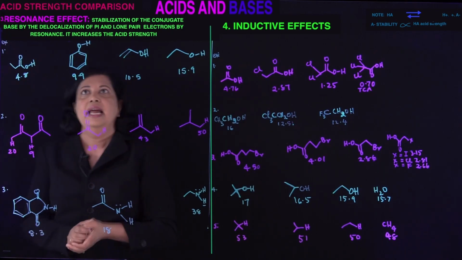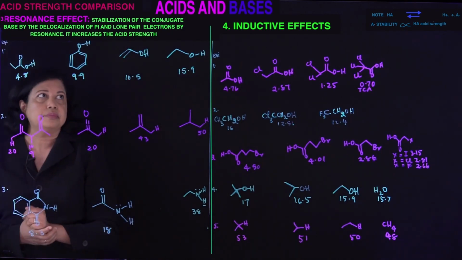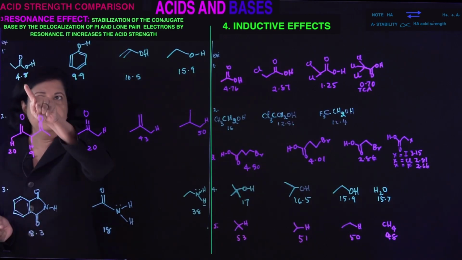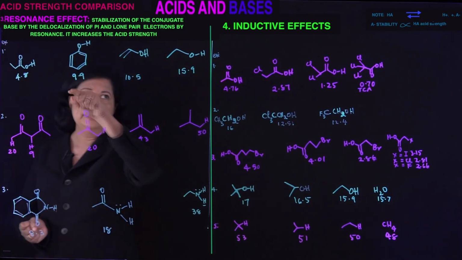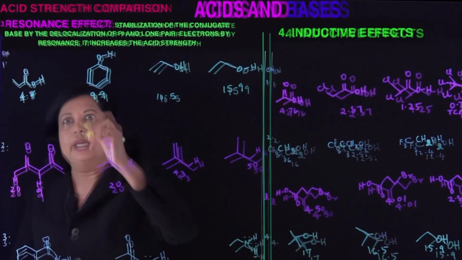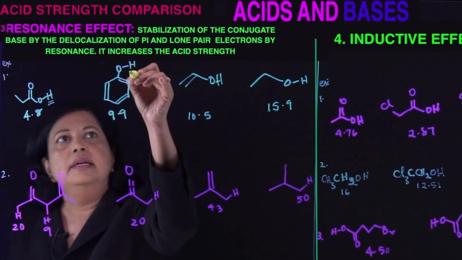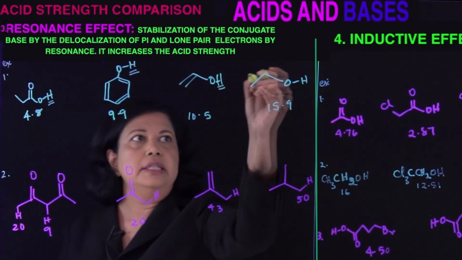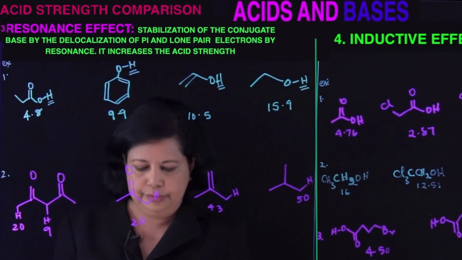Let's look at an example. Here's a carboxylic acid. All of these are OHs, and we're talking about the pKa of this OH coming off.